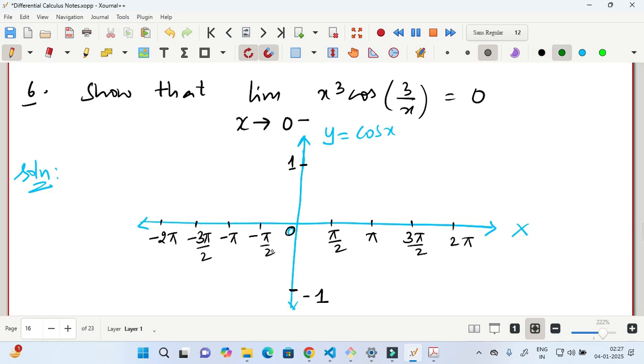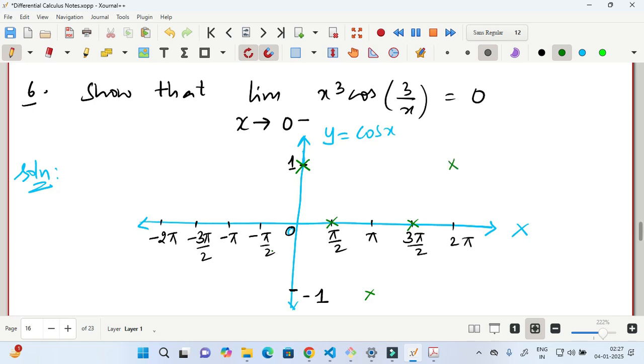Now let's draw the diagram. Cos 0 is 1. Cos 90 is 0. Cos pi is minus 1. Cos 3 pi by 2 is 0. Cos 2 pi again is 1.